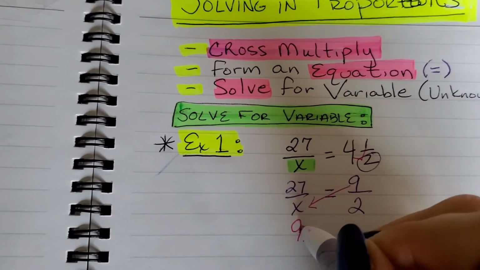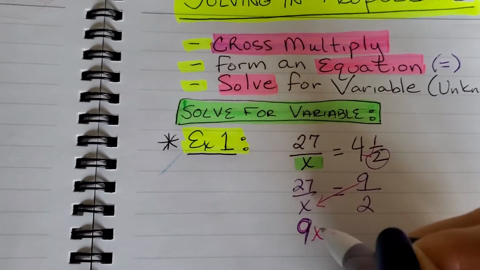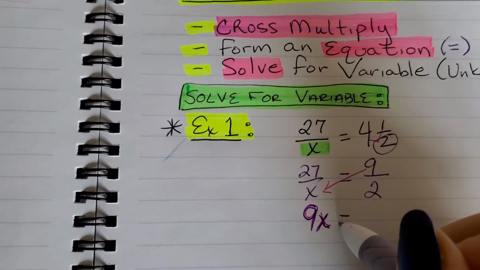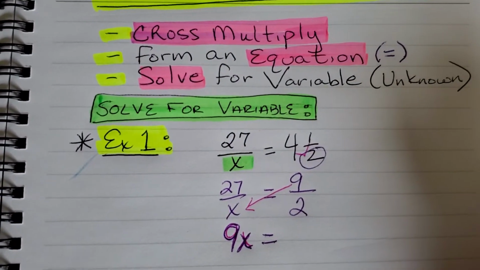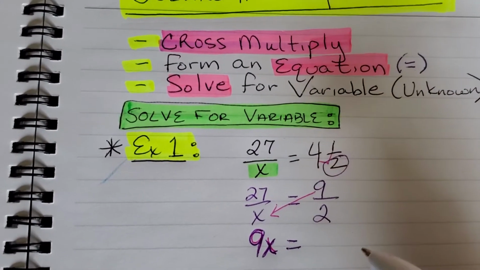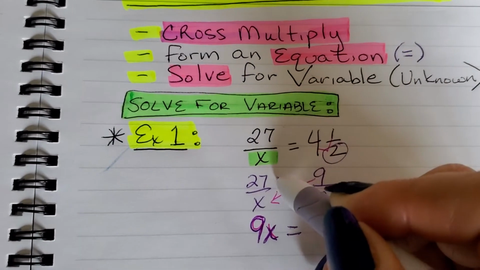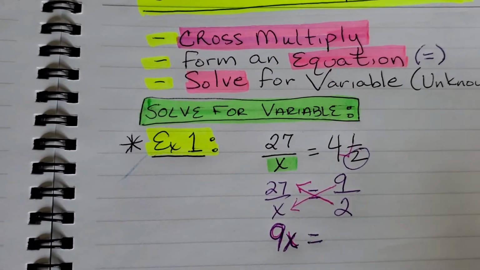Sorry, I want to make that more standard. So 9 times x. And even if you took x times 9, you're still going to get 9x. Bring down your equal sign. That's how we're making an equation, our second step. And then cross multiply the other direction. So we're going to take 2 times 27, okay?